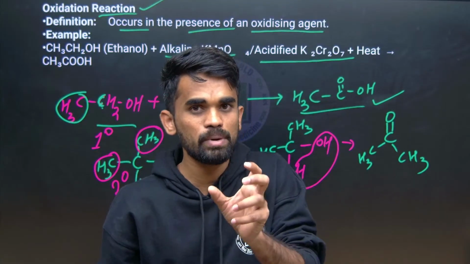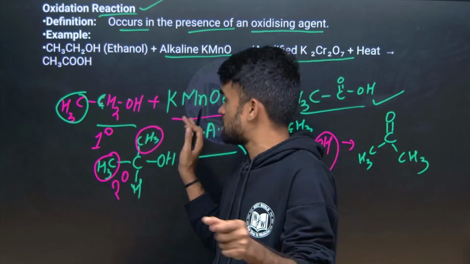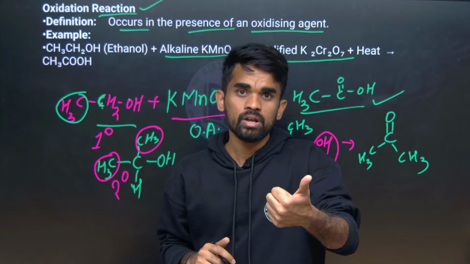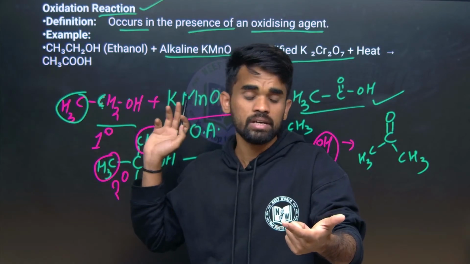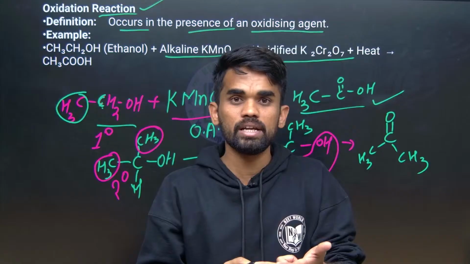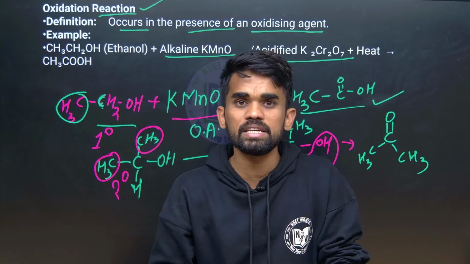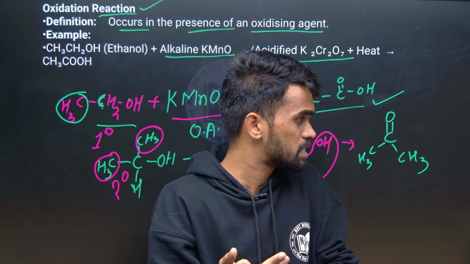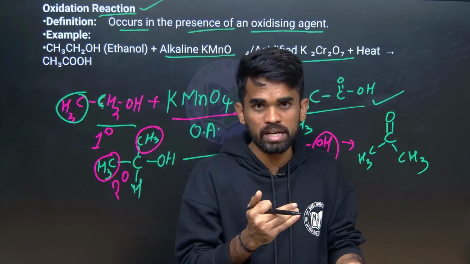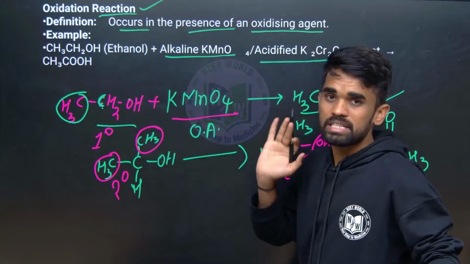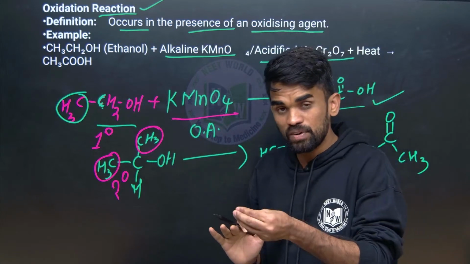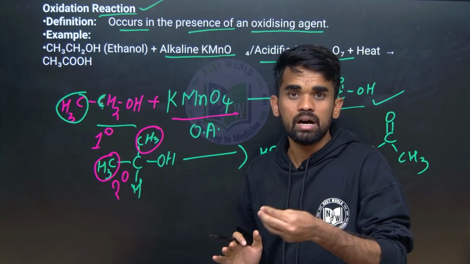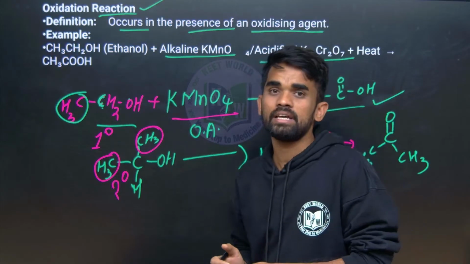We have different types of oxidizing agents like KMnO4, K2Cr2O7 we have seen, then PCC, pyridinium chlorochromate, then PDC. Depending upon our requirement, we will use the suitable oxidizing agent in the process. We will study that in the alcohols, phenols, ethers chapter, and I will explain during that time.